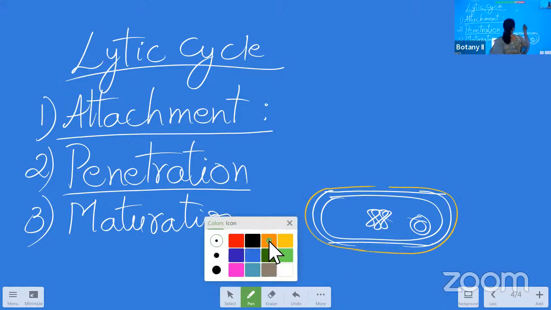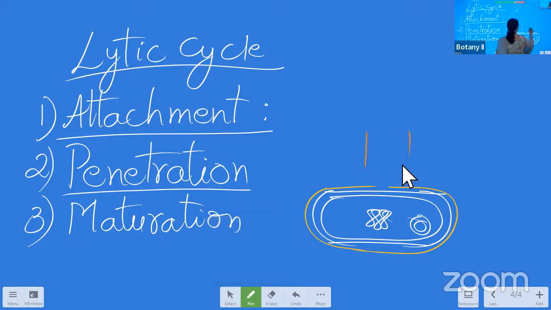Now, the viral DNA enters through the tail into the bacteria.